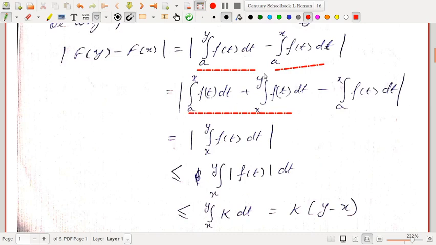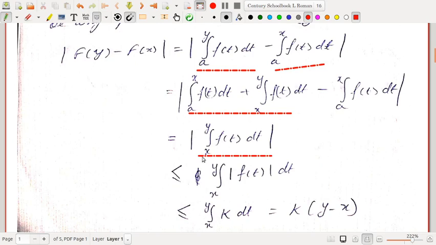We already have a theorem by which we can split the integral into two parts, a to x and then x to y. The first and the last get cancelled, so you will be left with the integral from x to y of f(t) dt. In the previous lecture we had done that the mod of an integral is less than or equal to the integral of the mod.